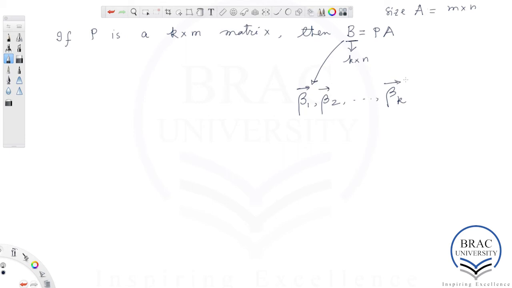And we had this discussion while we were studying matrix multiplication, that we can interpret matrix multiplication as a linear combination of the rows of the latter matrix. So each row of this matrix B can be written as a linear combination of the rows of this latter matrix A.